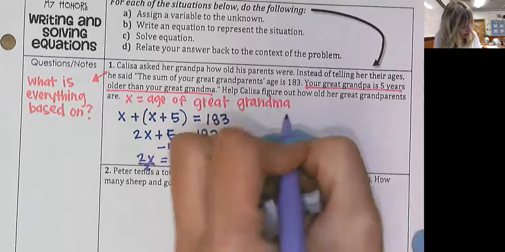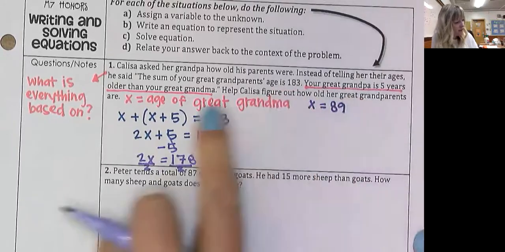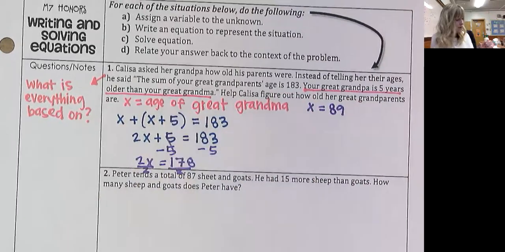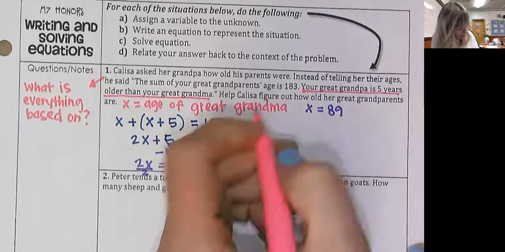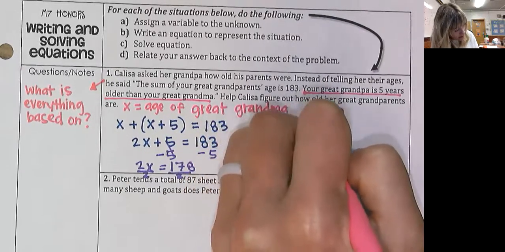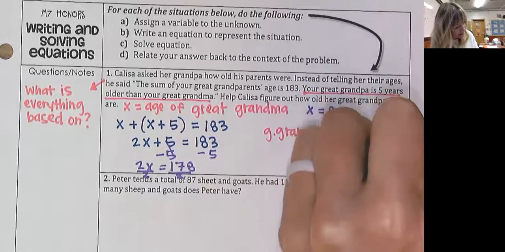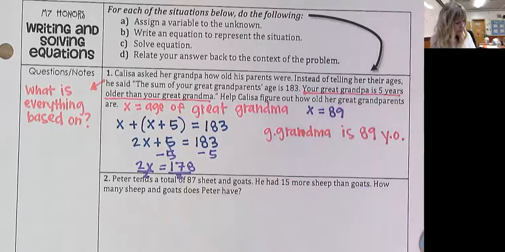Okay, so if I just got x equals 89, I just found out grandma. So great-grandma is 89 years old.